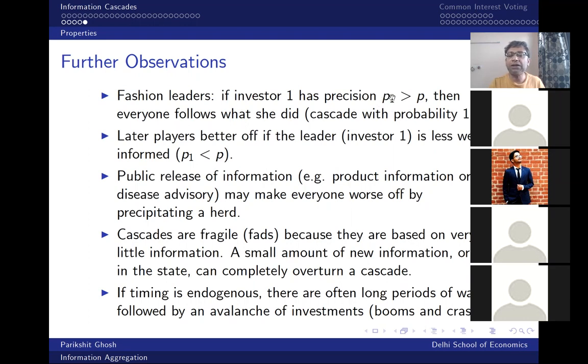Who has a P1 signal accuracy strictly greater than P. And if this person does the opposite of what the herd was doing, then the whole herd coming after will flock to the new guy, or start mimicking the new guy. So everybody was buying a stock, and suddenly one guy with slightly superior information comes along and chooses not to buy it or sells it off. And then that triggers a massive sell-off. So that's another thing that we can think of, this fragility.